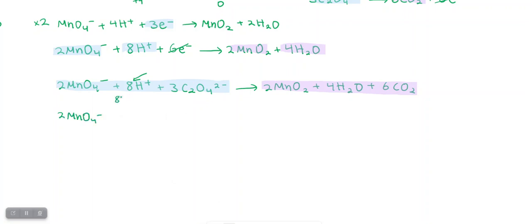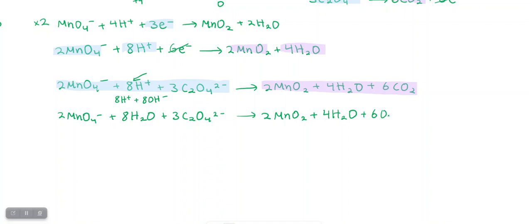So I'm going to write this part over here. So you can see that when we add 8 hydroxide ions to 8 hydrogen ions, they're going to make 8 water molecules. And then on this side, we can keep everything the same, plus the 8OH- that we had before.